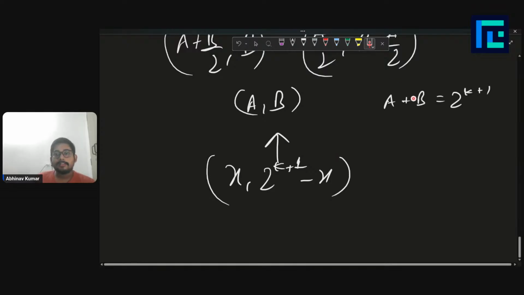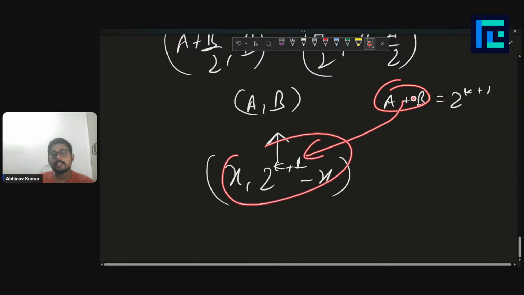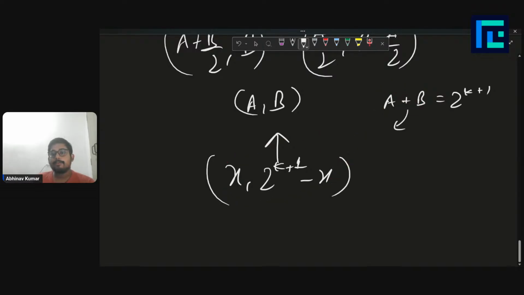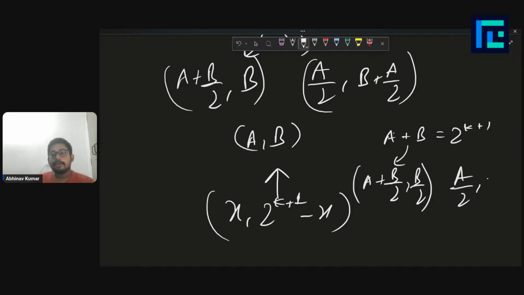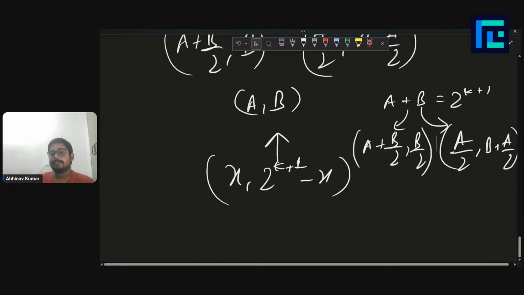Then from here you perform an operation to reach this state. So either you reach a state by making a half, or by making b half. So you reach either a plus b by 2 comma b by 2, or a by 2 comma b plus a by 2. These are the two states you can reach from here.